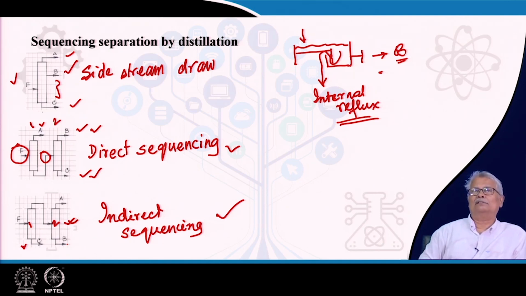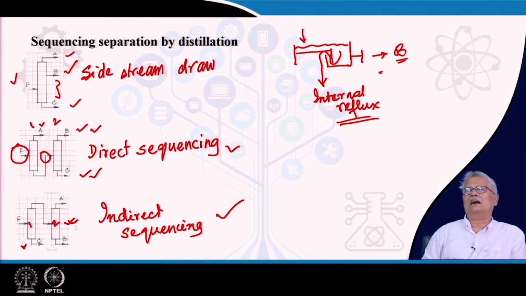I would like to say that though I have given you an example of fractionation where the sequencing is implemented, similar thing is true in case of batch distillation also. In case of batch, you can produce in a set of accumulators products which are rich in A, B and C, or you can run a batch, take out the product from the top and the bottom and rerun either top or the bottom, similar to the direct sequencing or indirect sequencing.